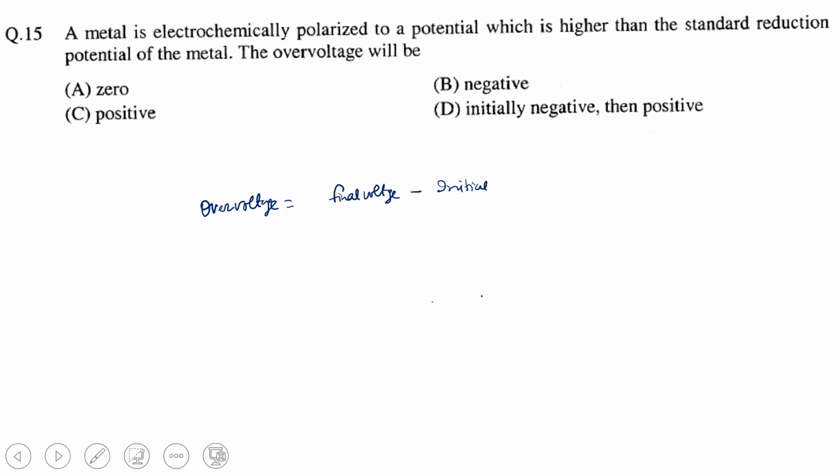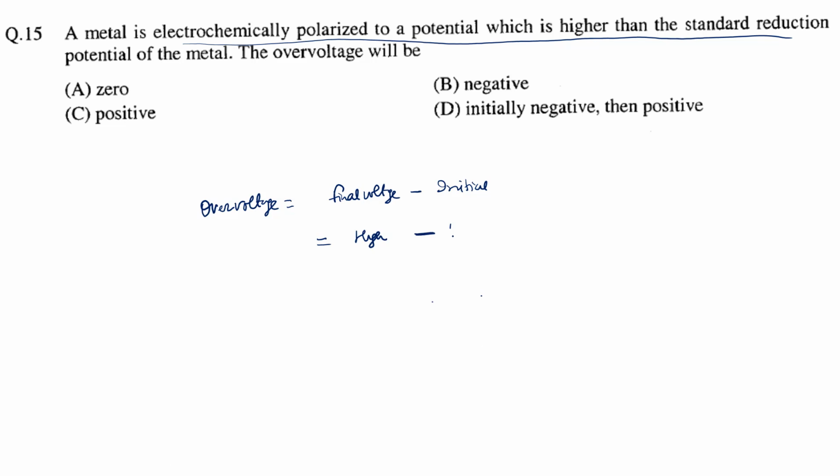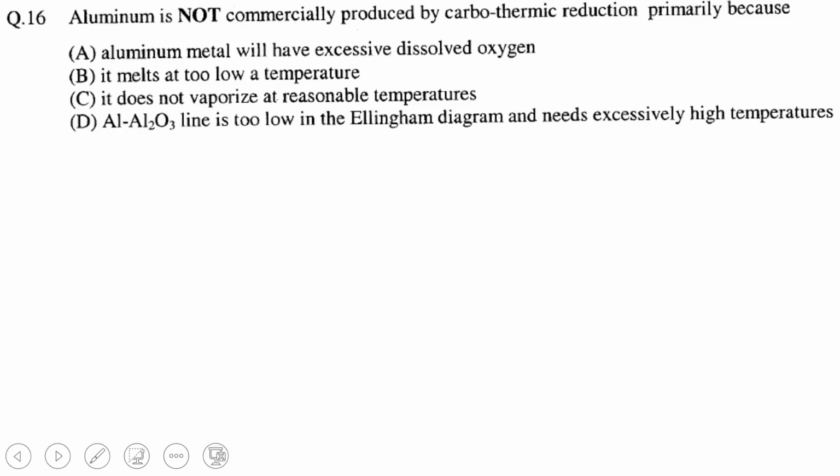Here a metal is polarized to a potential which is higher than the standard, so it is high minus the equilibrium or standard one. High minus low will be a positive value. So it will be a positive one, no problem. Option C. Let us move on.